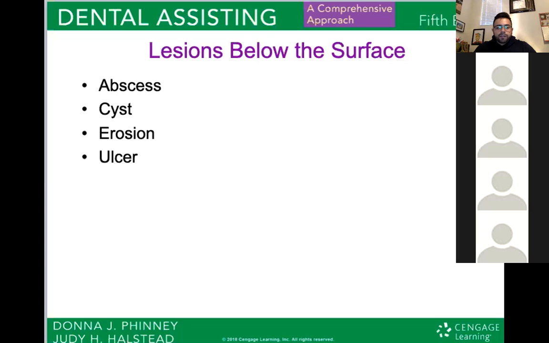A cyst is a fluid or semi-solid fluid-filled sac. The causes of cysts are numerous, and in dentistry, they normally occur as a result of a duct from a fluid-forming gland becoming blocked. Cysts can develop around the crown of an undeveloped tooth prior to eruption.